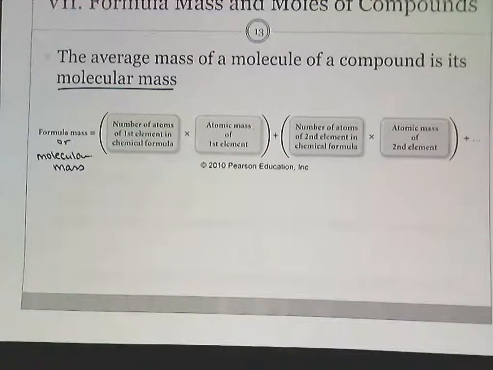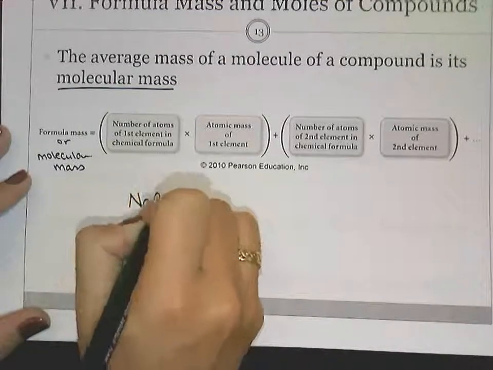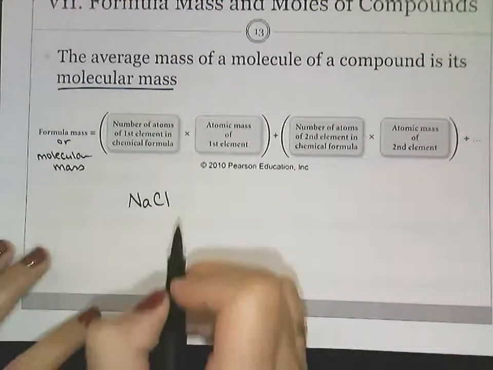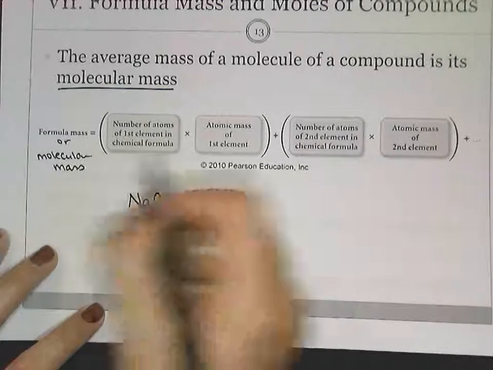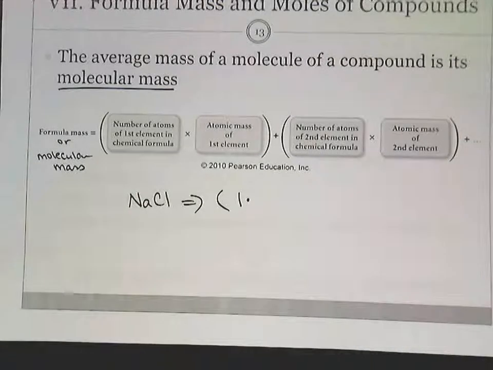Let's say I have sodium chloride, and I want to figure out the molecular mass. Using my fancy formula, which you don't obviously have to use, where would I find the molecular mass of sodium? On the periodic table, is it the top number or the bottom number inside the box? The bottom number.